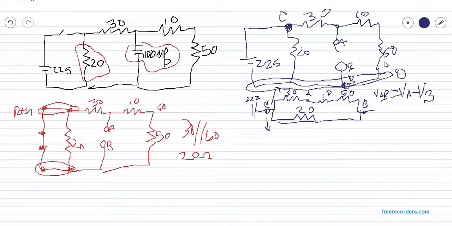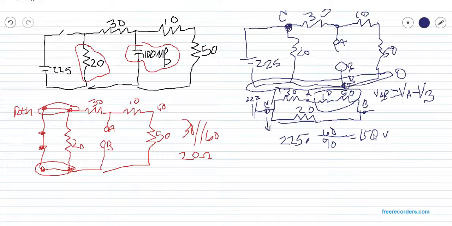VA is going to be the voltage across the 10 and 50 ohms. So 10 and 50 ohms is shared with the 30 ohm resistor, so we can do a voltage divider. We have 225 times 60, divided by 60 plus 30, which is 90, and we wind up with 150 volts.